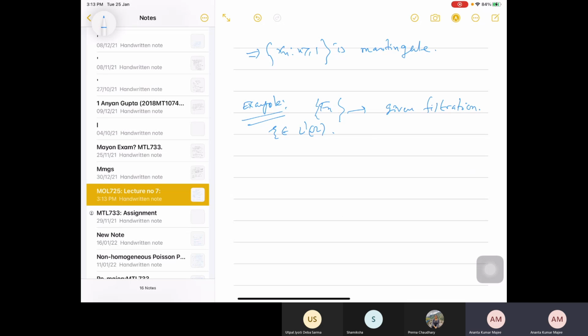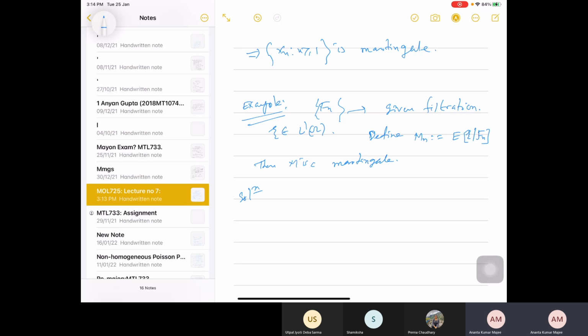I define my Mn as the expectation of zeta given f of n. I can talk about this because for each n, Fn is a sigma algebra and zeta is in L1, so the conditional expectation exists, as we know. So I can define my M of n. My claim is then that M is a martingale with respect to this filtration Fn.